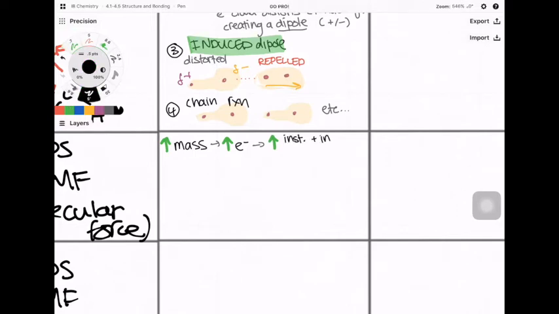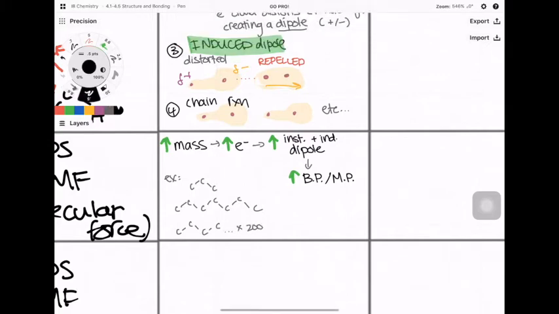And the greater the number of electrons, the stronger the instantaneous and induced dipole is. If you have 3 electrons in that cloud, it's not going to be as strong as having, say, 1,000 electrons in that cloud. That magnet is going to be stronger. And so a larger mass with more electrons will have a higher boiling point and melting point due to London dispersion forces.